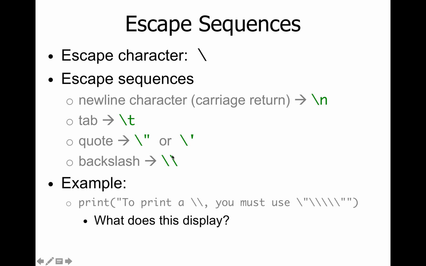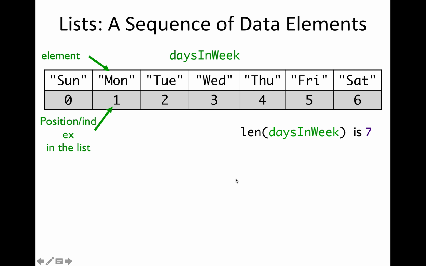And similarly, if you want to put a backslash in your string, you have to escape that as well. So for example, to print a backslash, you must use quote 2 backslashes. And so this is how I would print out 2 backslashes. It would be 1, 2, 3, 4 of these here. 1, 2, 3, 4, there we go. And then these other backslashes are escaping the double quotes.